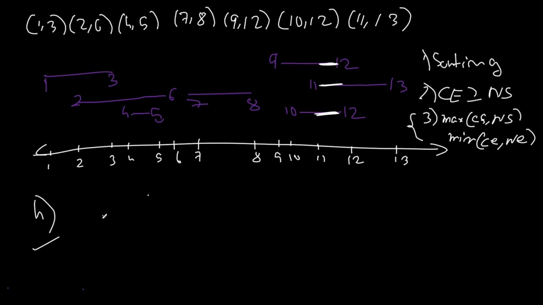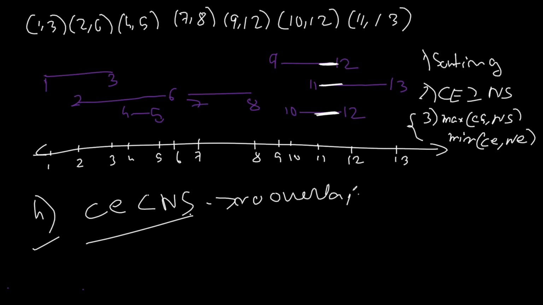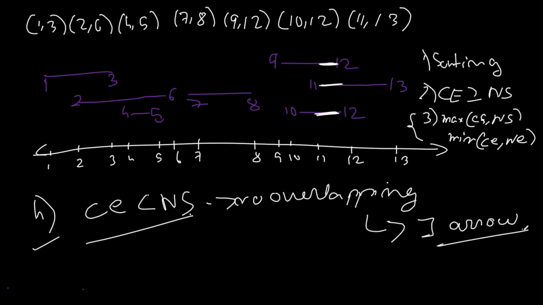Now the final point. Here I will directly write: if current end is less than next start, no overlapping. No overlapping means we need one arrow here. Take the case of 4 comma 5 with 7 comma 8, right? Suppose the 1 comma 3 and 2 comma 6 diameter balloons are burst already.